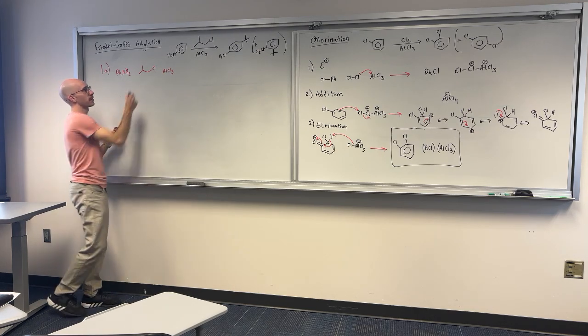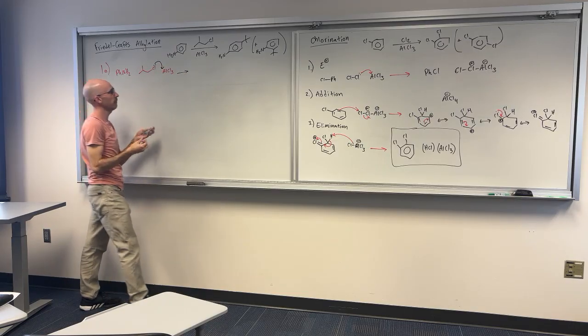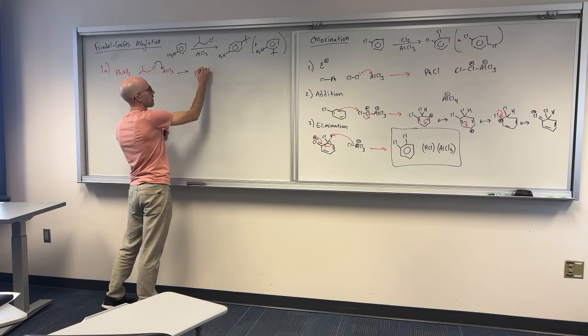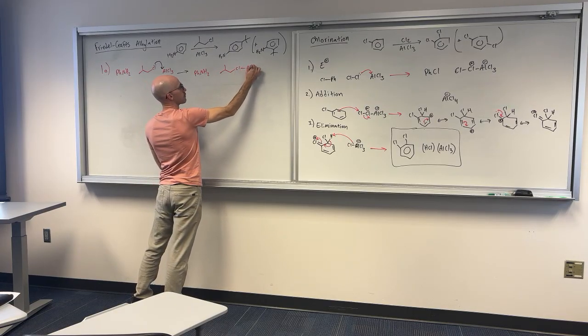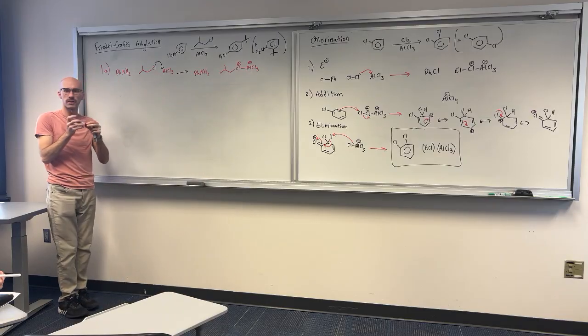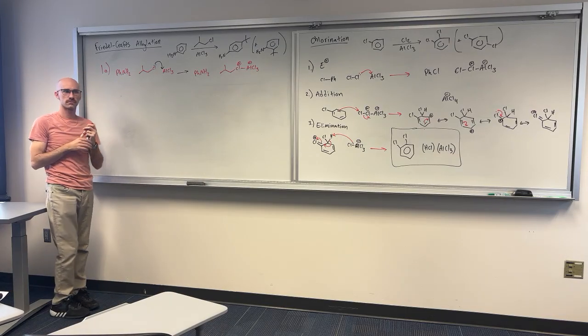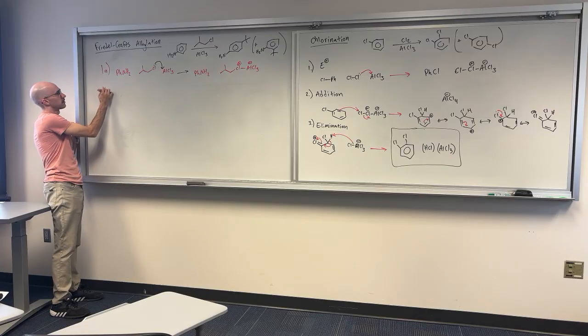In this first step, chlorine donates electrons to aluminum. Step 1B.